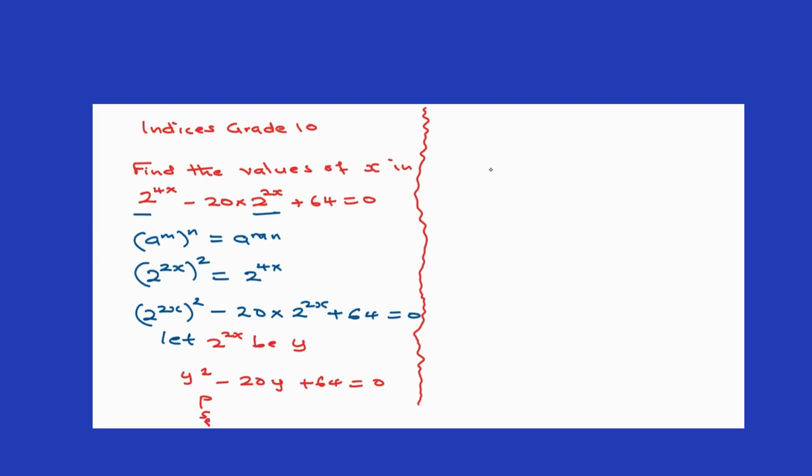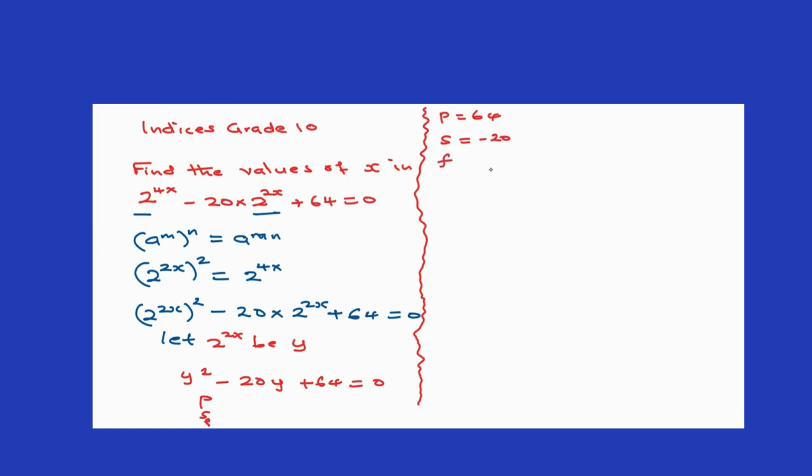Quadratic formula and completing the square methods are grade 11 concepts, so I'll do something that a form 2 or rather grade 10 student can understand. So we have the product here as 64, then we have the sum as negative 20.